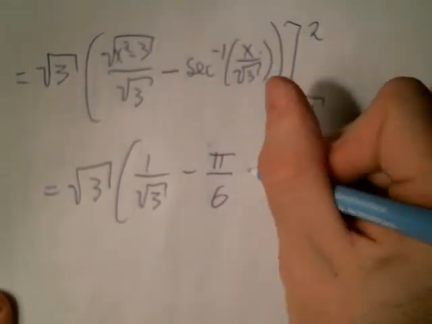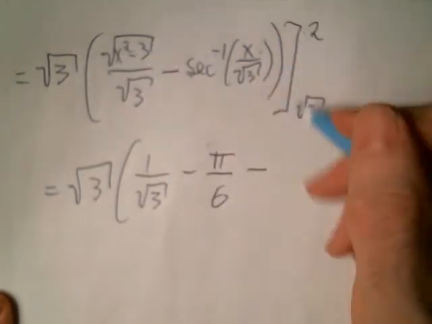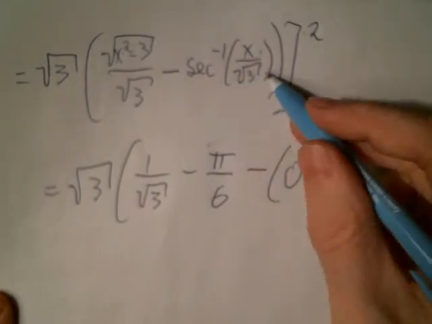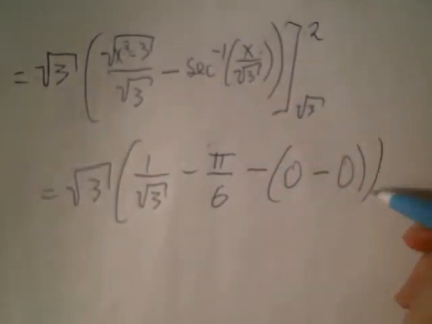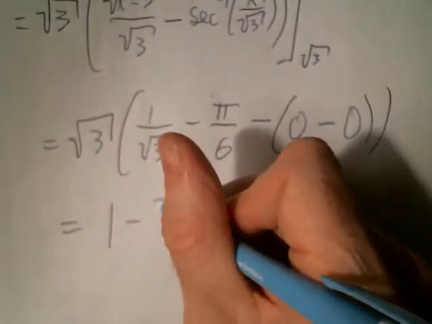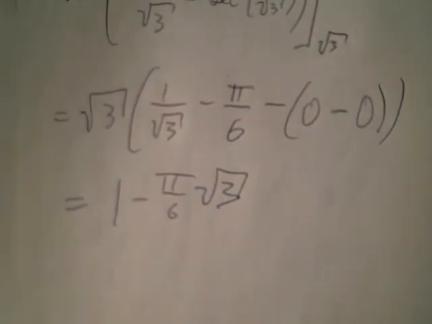And then minus, if I put root 3 into here, I get root 3 squared is 3, minus 3 is 0. And then minus, if I put root 3 in here, secant inverse of root 3 over root 3 is just 0. So you get the same answer, long story short. You get 1 minus pi over 6 root 3. Okay, pretty much everything else is just kind of variations on the theme.